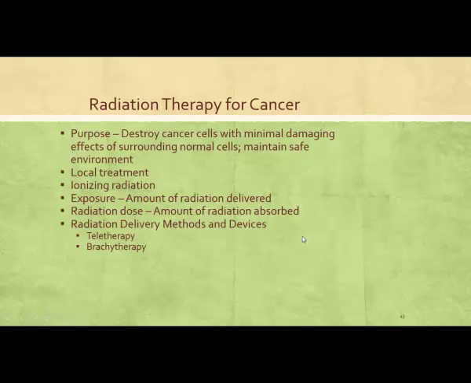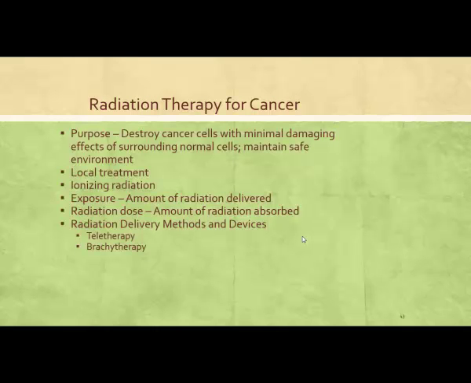So to continue on with radiation therapy, the exposure is the amount of radiation delivered to the tissue, and radiation dose is the amount of radiation absorbed by the tissue.